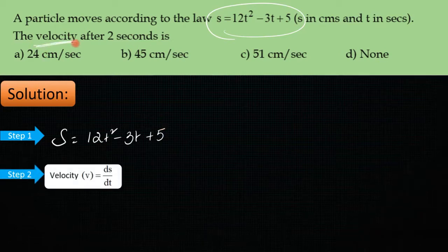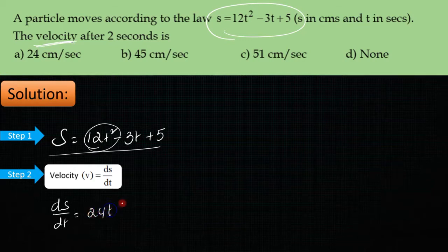We know that velocity V = ds/dt, that is differentiating with respect to t on both sides of this equation. ds/dt = differentiation of 12t² is 24t, minus differentiation of 3t is 3, differentiation of 5 is 0.